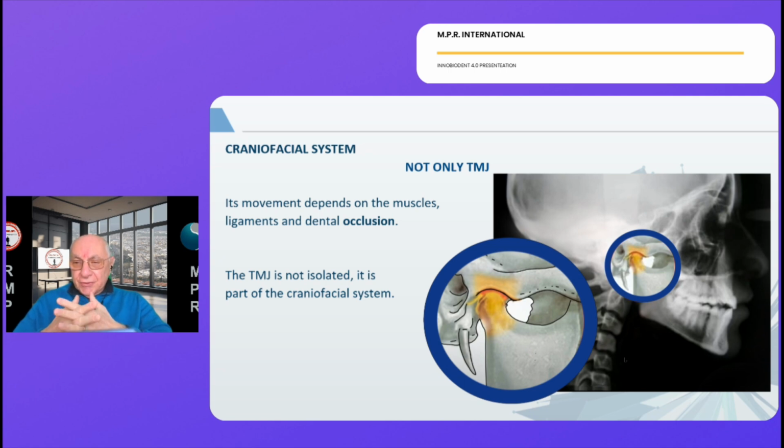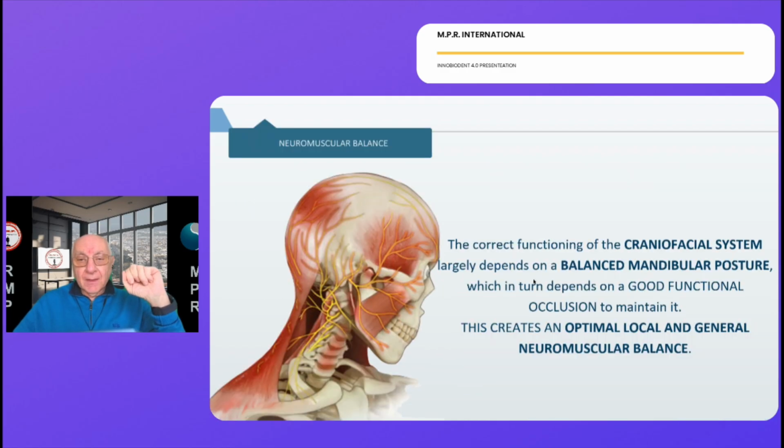For this reason, it is incorrect to speak only about TMJ dysfunction. What we are truly dealing with is a craniofacial dysfunction. A correct mandibular posture and an appropriate vertical dimension where we can build a functional occlusion will provide stability to our system and to the entire body.